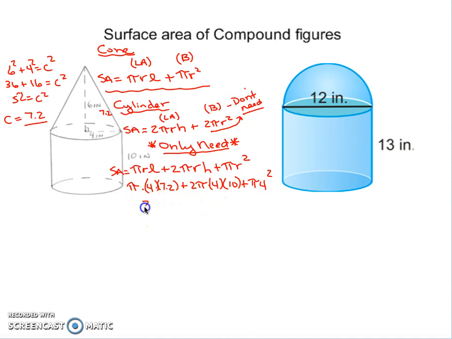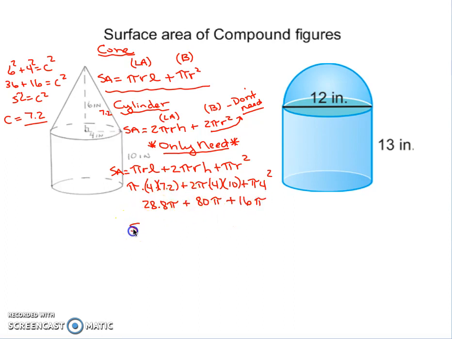So we're going to get 28.8 pi for this portion and 80 pi for this portion. And then over here we would have 16 pi.